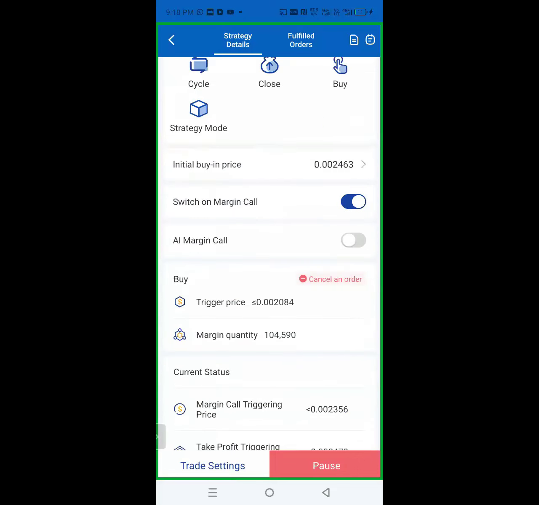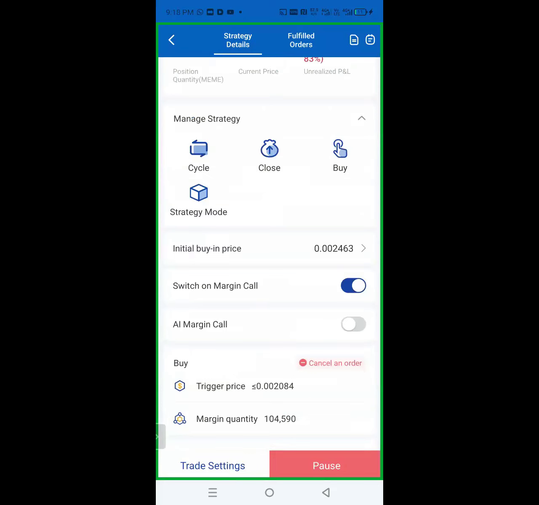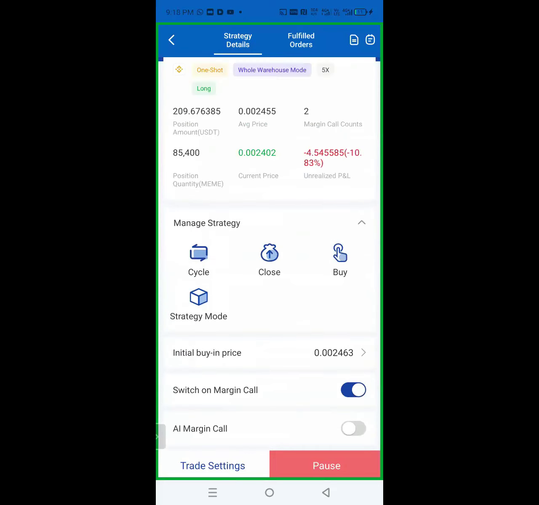I said the total quantity already in this coin is 85,400. My first buy is 30. I now use $6 for first margin, $6 for second margin, $6 for third margin.